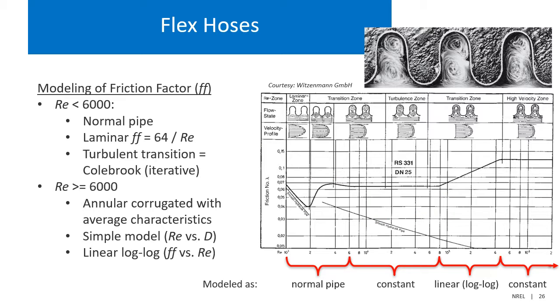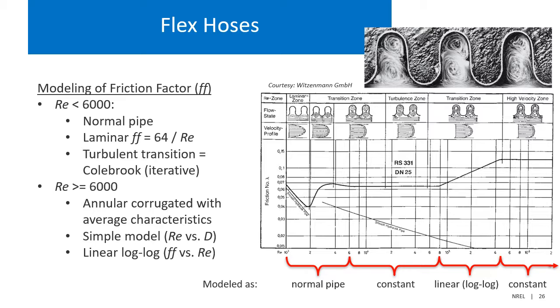In SAM, flex hoses are modeled like any other pipe until a Reynolds number of 6,000. This includes the standard laminar flow relationship and an iterative solution of the Colebrook relation for the first turbulent transition region. Above 6,000, the flex hose is modeled as one with average characteristics, which happens to be a type of annular corrugated hose.